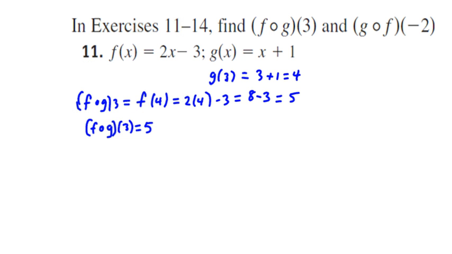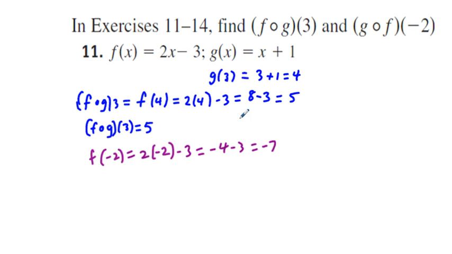Now we're going to go ahead and find g of f of negative 2. Well, f of negative 2 is going to be equal to 2 times negative 2 minus 3. So that's going to be equal to negative 4 minus 3, which equals negative 7.